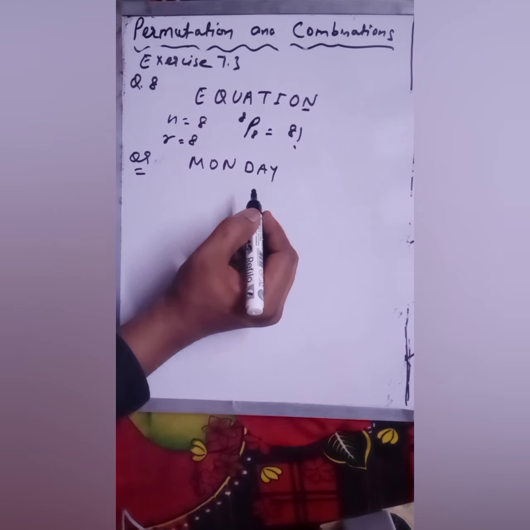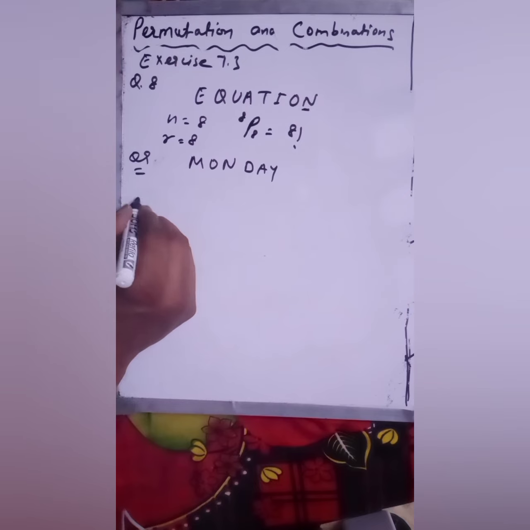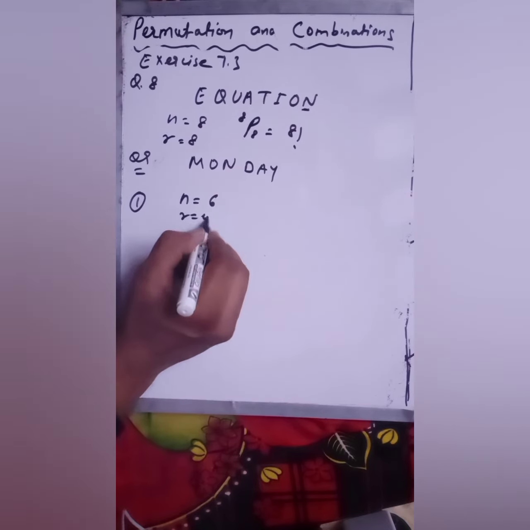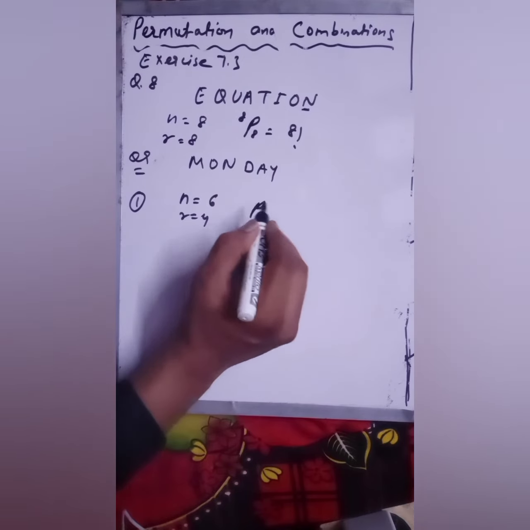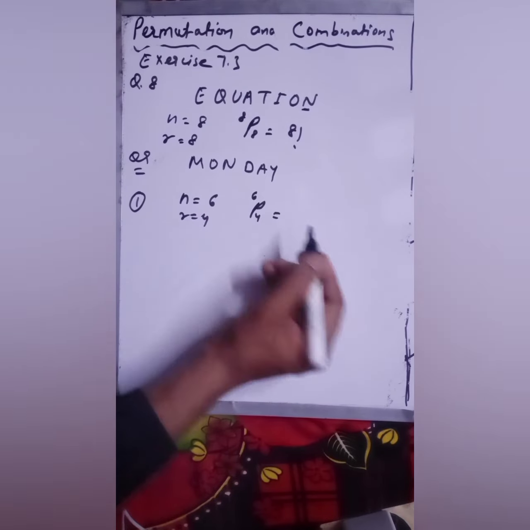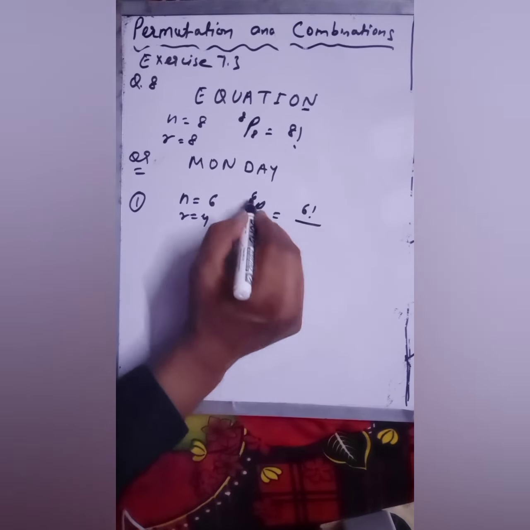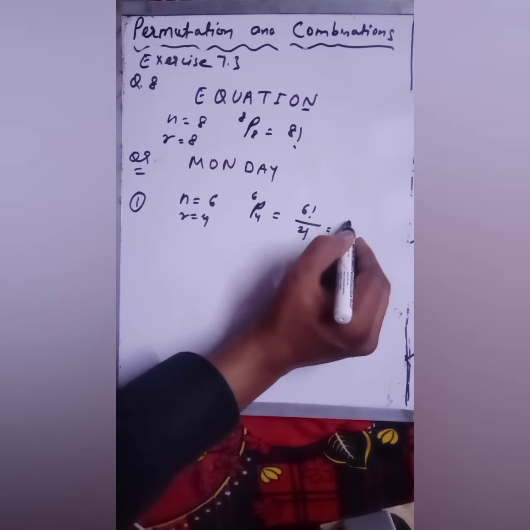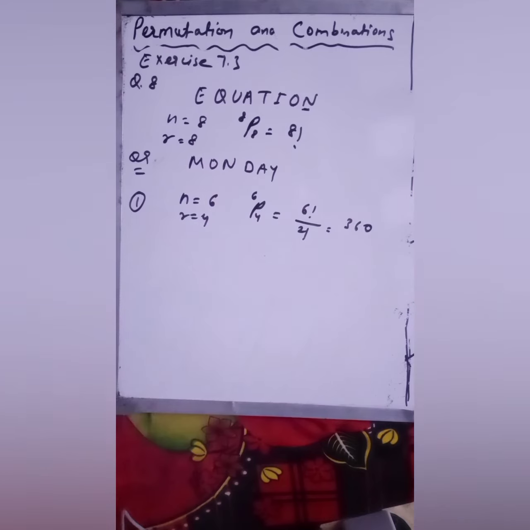First part: without repetition, 4 letters are used at a time. Total letters are 6 and we have to use 4 only. So apply permutation: 6 factorial over 6 minus 4, that is 2 factorial. Simplify this and you will get 360. This is for the first part.